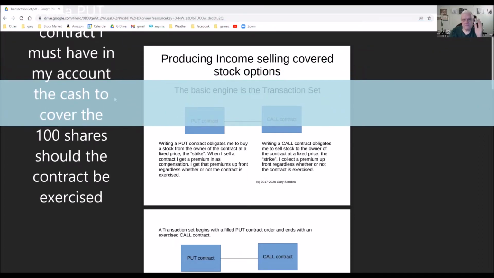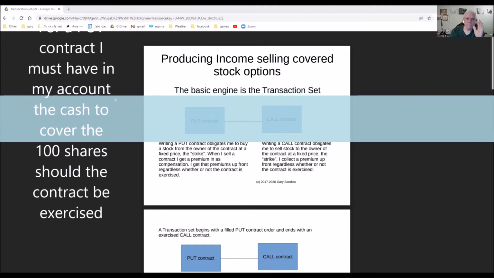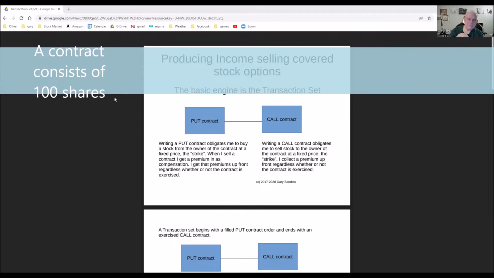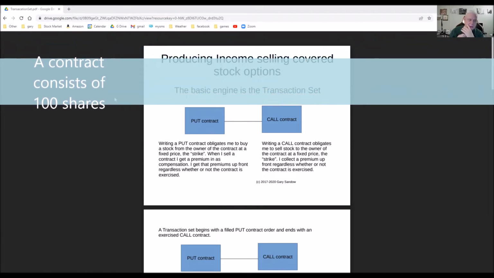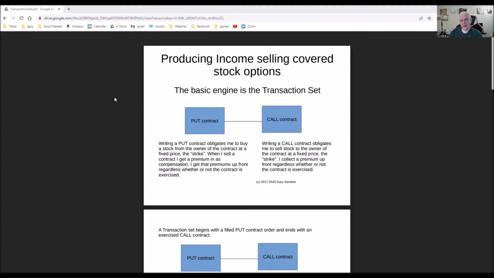Now, remember, a contract is 100 shares of HBI at a given strike price. So we sell that option at the stock price we choose. Now, it could immediately get assigned at the end of the week, and then I'd have the 100 shares of stock.